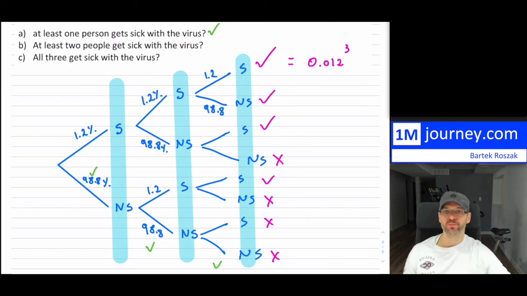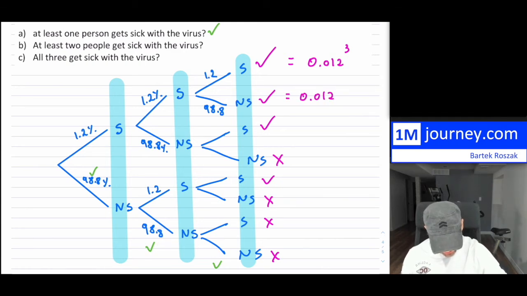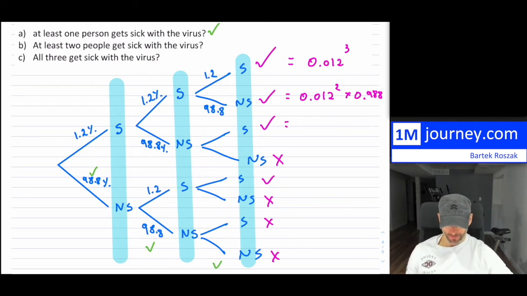That's just multiplying the branches there. This one right here is 0.012 squared, multiplied by 0.988. So that's our second one.